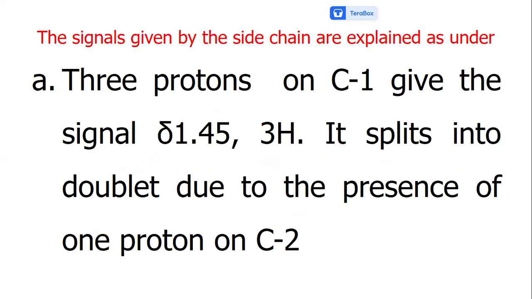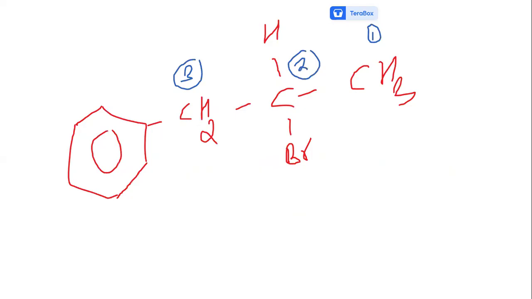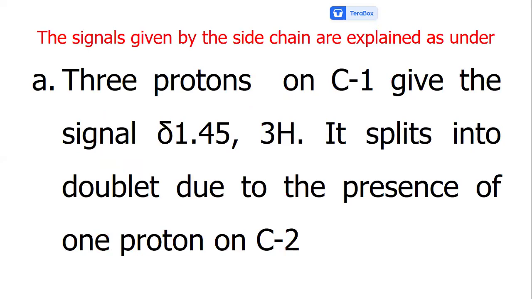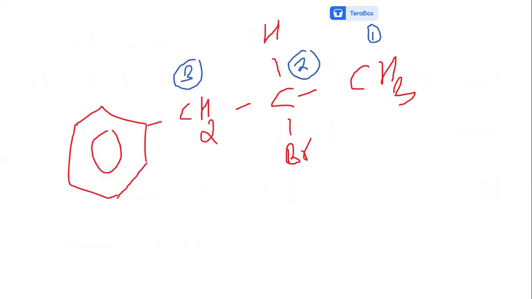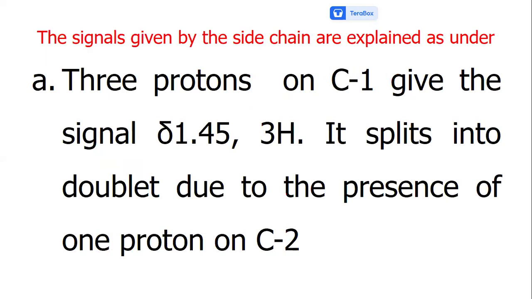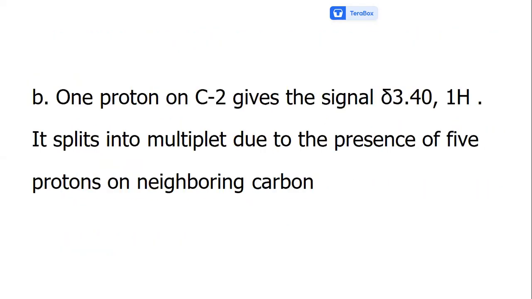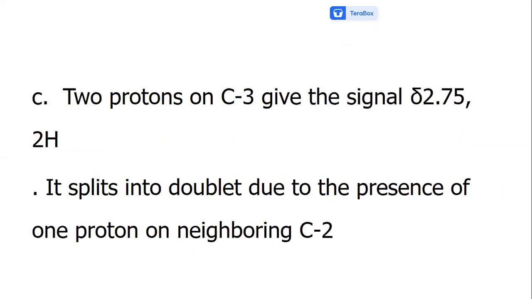The signals given by the side chain are explained as under. 3 protons on C1 give the signal 1.45, 3 hydrogen, split into a doublet due to the presence of 1 proton on C2. 1 proton on C2 gives the signal 3.40, 1 hydrogen, which splits into a multiplet due to the presence of 5 protons on neighboring carbons. 2 protons on carbon 3 give the signal 2.75, 2 hydrogen.